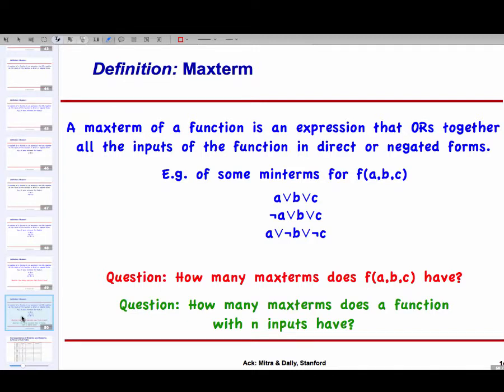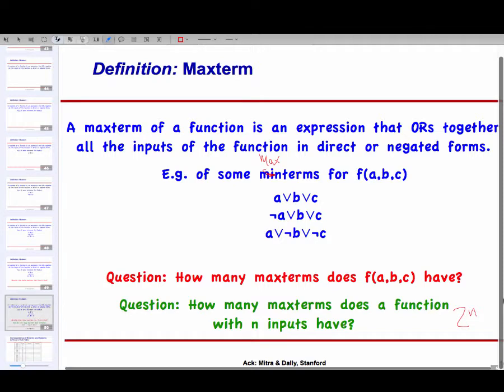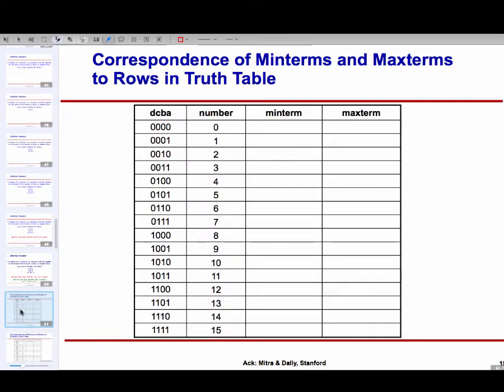I'll have 8 possible. Okay, I kind of messed up here a little bit. This should say max term. So I have 8 possible max terms in this case. If I have a function with n inputs, I will have 2 to the power n possible max terms. Okay, so again, just definition and simple properties.